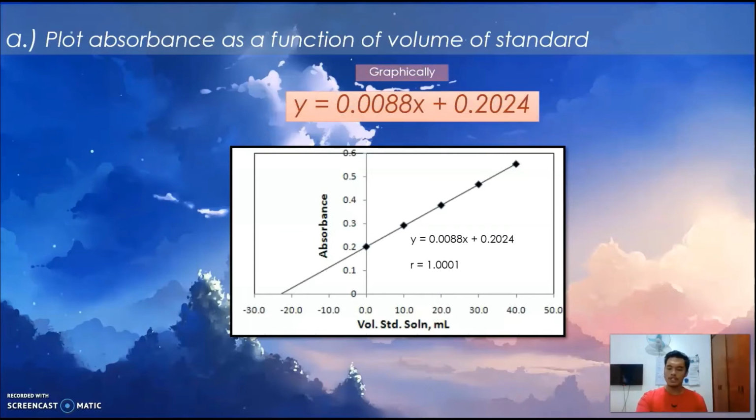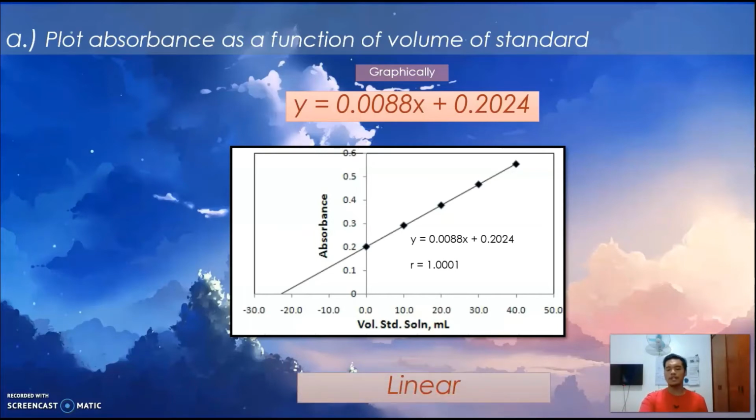So as you can see, it's actually linear, a straight line, and the linear equation is very identical to our calculated one. This means that what we calculated and what Excel calculated, the line equation, is very accurate and very similar. This means that what we calculated is not wrong. It is correct.